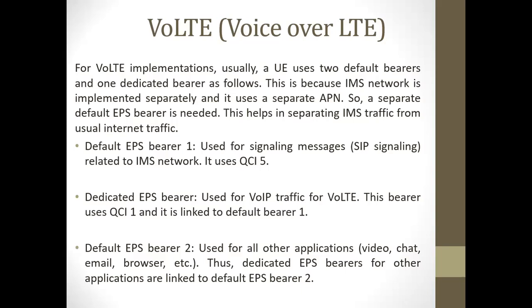Each of them has a name. This APN has a name in English letters, but that name also associates an IP address. So a separate APN is used, like a separate PDN gateway, to support voice, and you establish a second default EPS bearer.